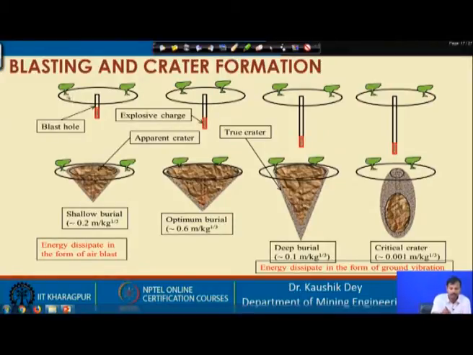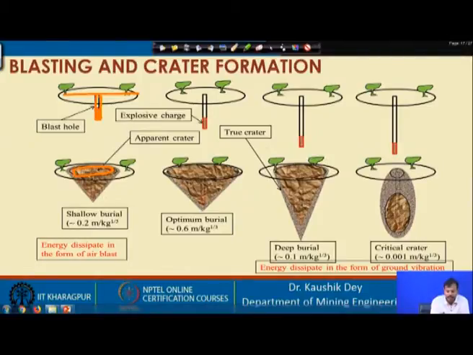Say this is the surface, and what we did was drill a hole and insert some quantity of explosive, then blast it, and it will fragment the rock surrounding it. So, this is the fragmented rock.